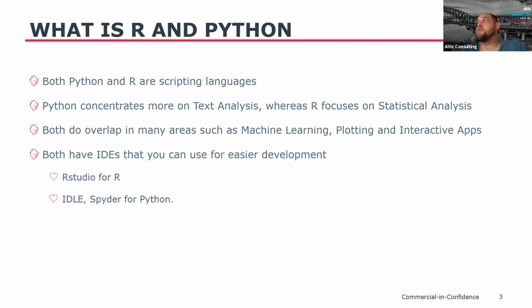R focuses more on your statistical analysis, so people who've used MATLAB or SPSS or Mathematica and those types of things, that's where R has come from. But in most cases, they overlap with their functionality. So things like machine learning or AI, both of them are very good at doing that. Plotting, so graphs and charts, and we'll have a look at that a bit later, and interactive analysis as well.